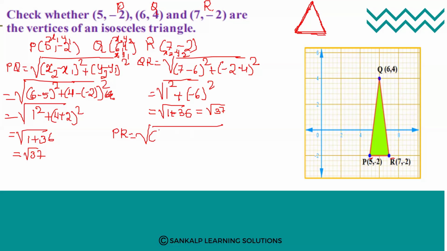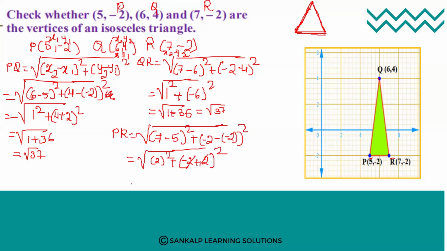So x2 value is 7, 7 minus x1 value 5 whole square, plus y2 value minus 2 minus y1 value minus 2 whole square. 7 minus 5 is 2 square plus minus 2 minus into minus plus 2 whole square. Minus 2 and plus 2 will get cancelled. You will get 2 square is 4. Square root of 4 is 2. That means PR value is 2.